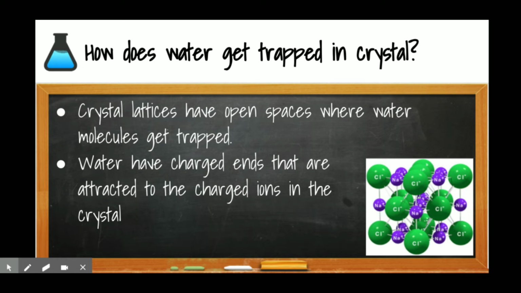So when water is entrapped inside, the crystal will be heavier and it will have water inside. Therefore, it will be called a hydrate. When the crystal is heated, the water will evaporate, allowing it to lose mass. And then it will be called an anhydrate.